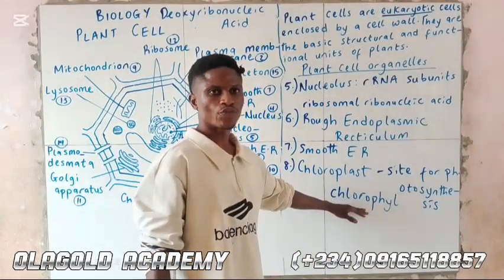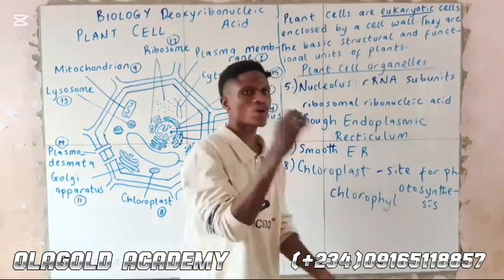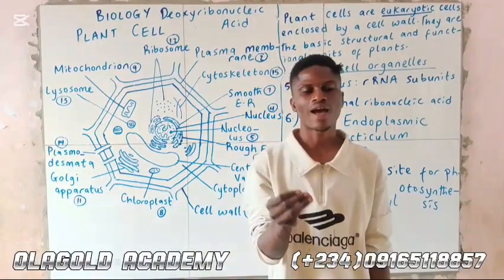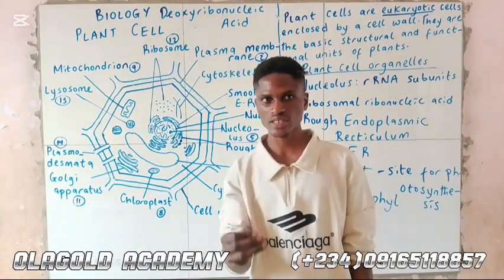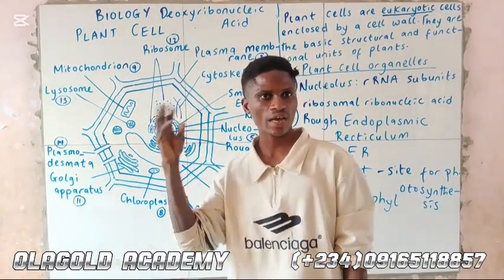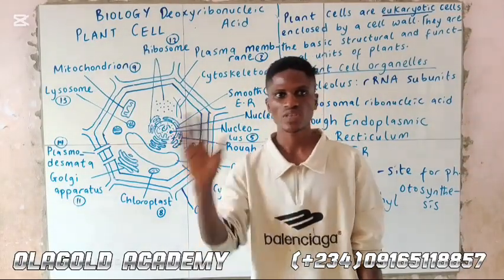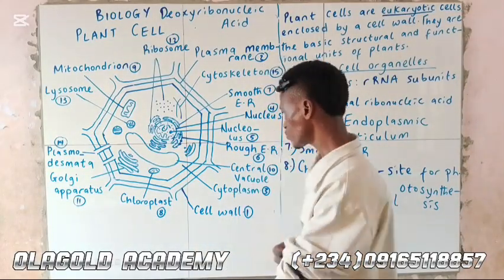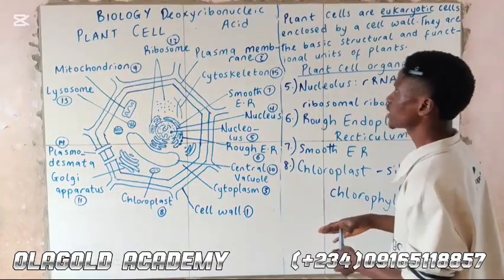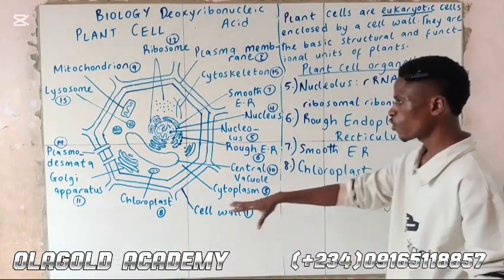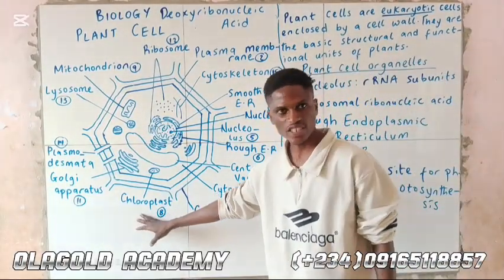Now, this chlorophyll is what traps light and converts that light into chemical energy. It converts light energy into chemical energy. So I said that we have the chloroplast as the site for what?